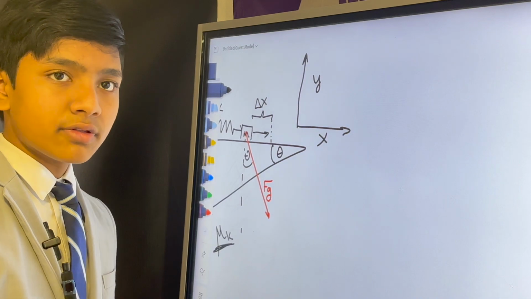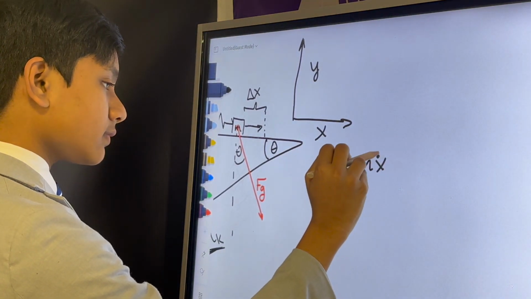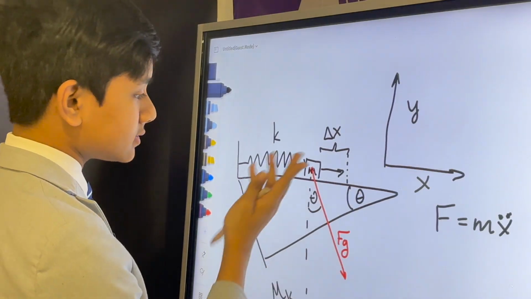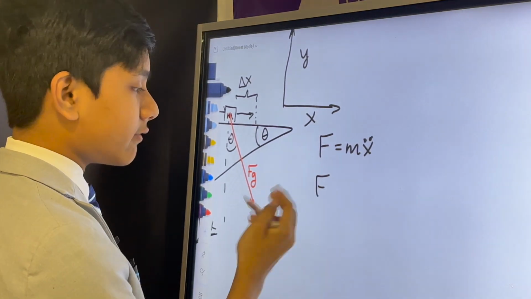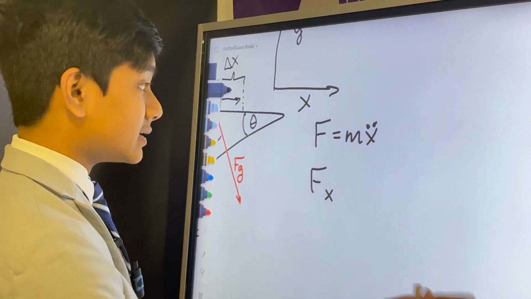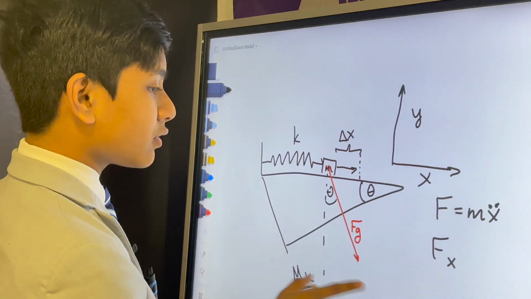So how can we find the function of motion of this object? Well, let's see. What are the forces acting on it? The first force that we can see is gravity. We have some forces in the x direction, and we only care about the x direction because it's going to be confined to the ramp. The y direction doesn't matter.